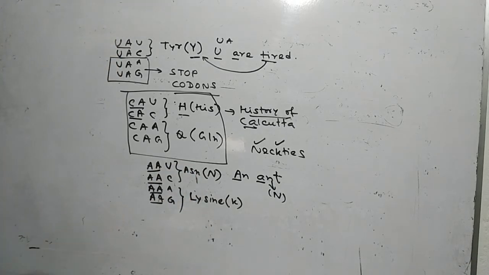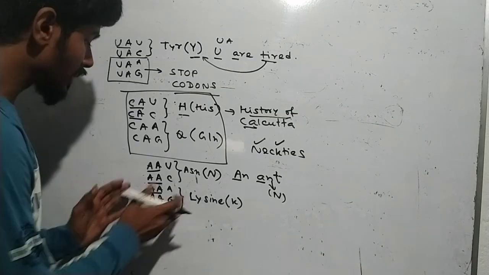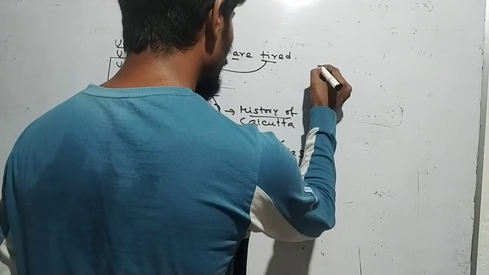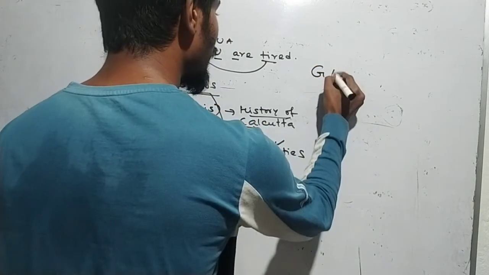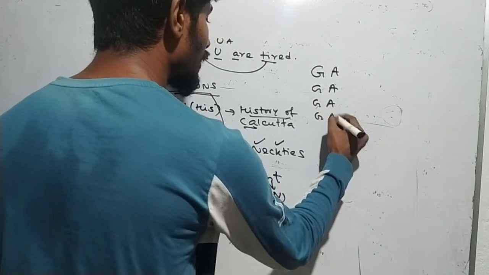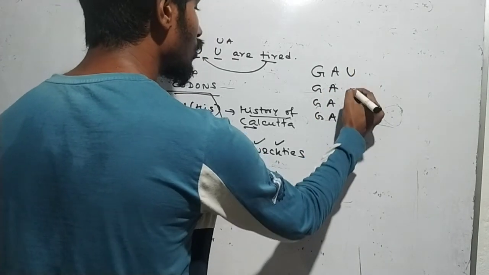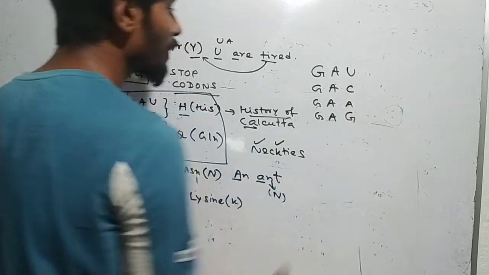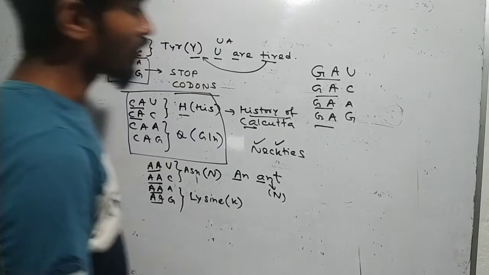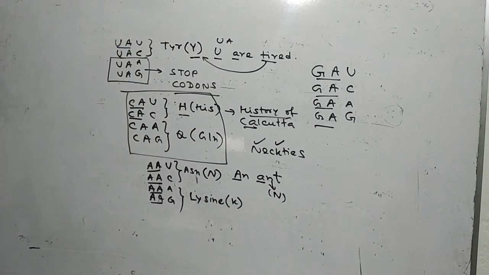Now after that we will be going for the last row just below this. Okay, so it is G and the second letter is as usual A. Now GA, and this is U, C, A and G, and you see that there is this sequence of the first and second letters, GA, GA, GA and GA.